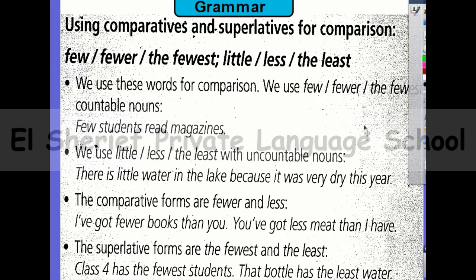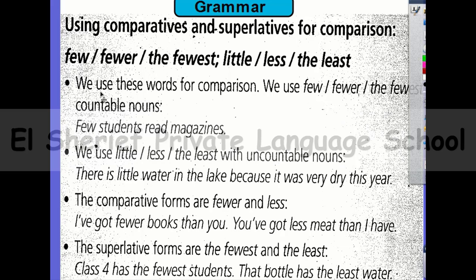Now, let's turn to the grammar for this unit. Our grammar is about using comparatives and superlatives for comparison. We can use few, fewer, the fewest, or little, less, the least. Number 1, we use these words for comparison.